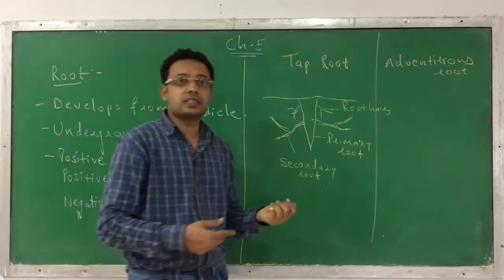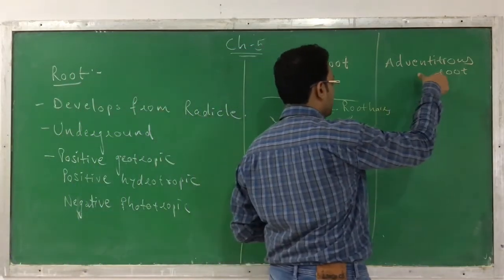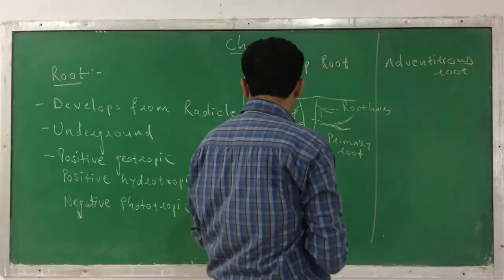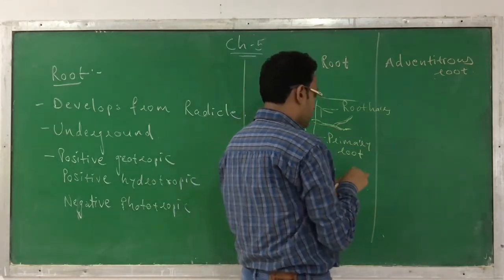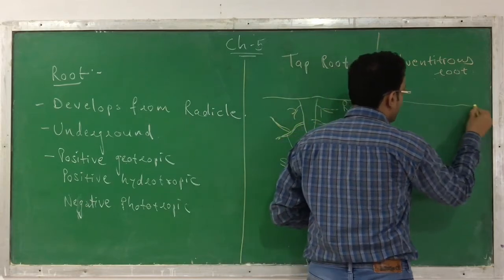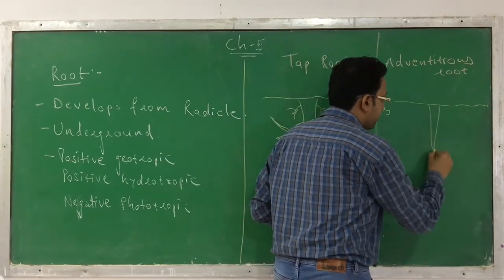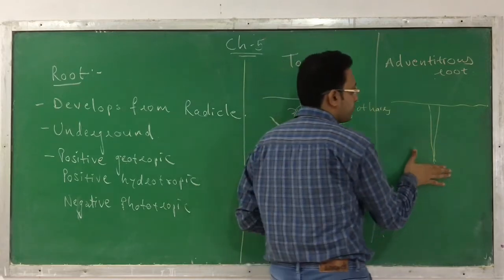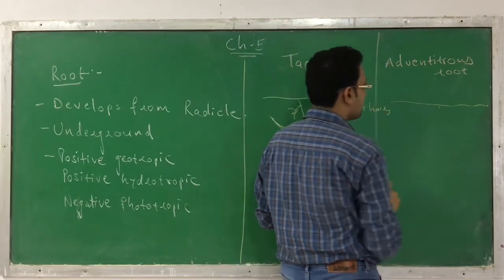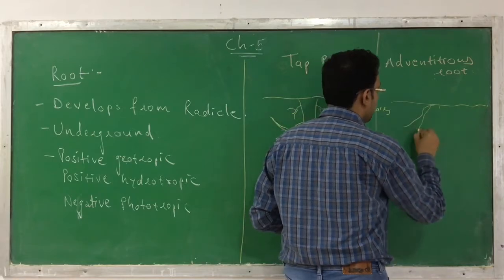Next is an adventitious root. So what is an adventitious root? In an adventitious root, the primary root is developed, but this primary root is replaced soon with small fiber-like structures.